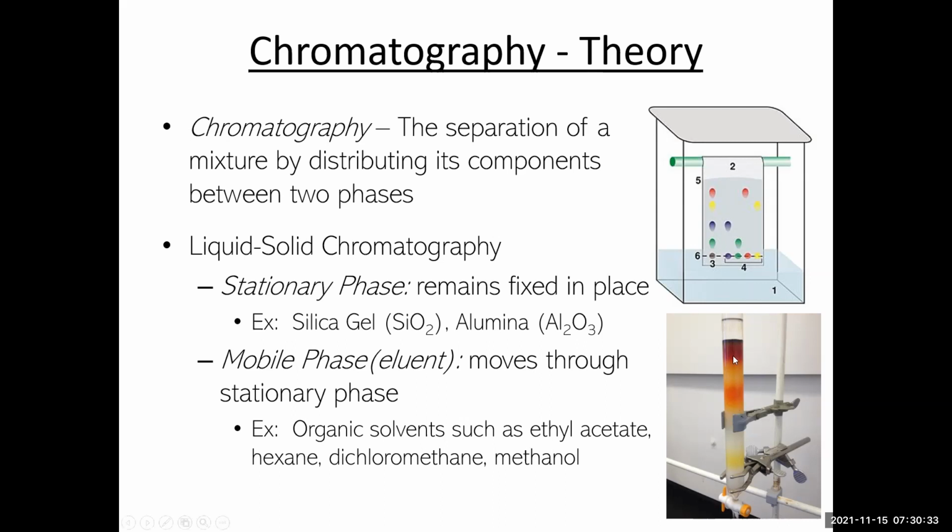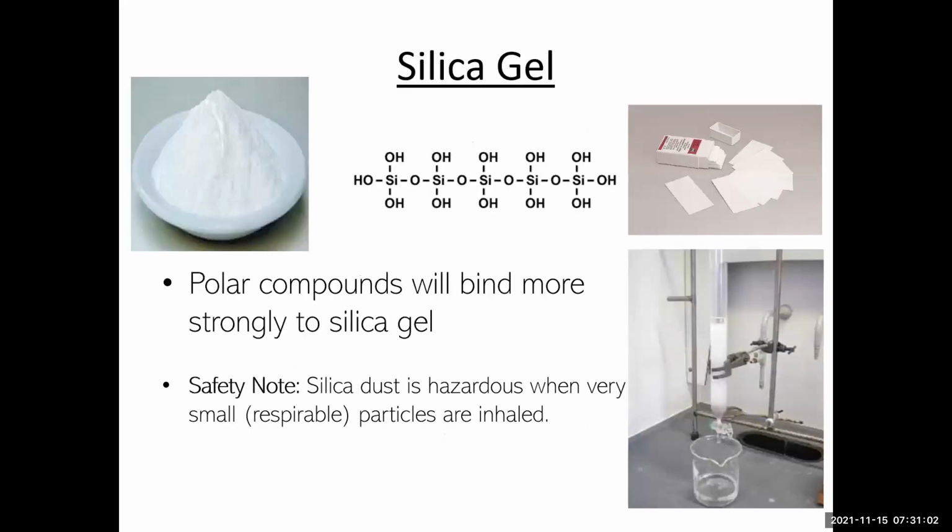So again, compounds sort of move out the bottom of a column. Let's say it was the red compound, the compound that's moved highest up the plate. That one would actually move the fastest through the column and be down towards the bottom of the column. But again, we'll talk about those differences between these two different types of chromatographic techniques as we move through the theory. First, let's talk a little bit more about silica gel.